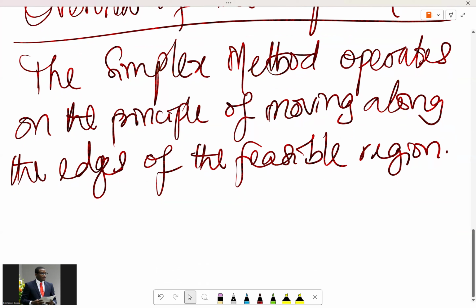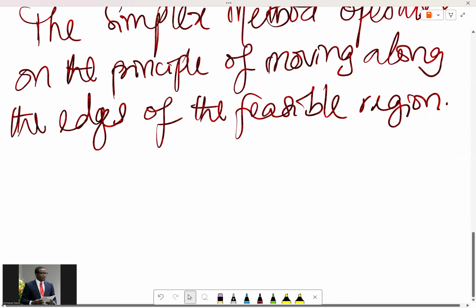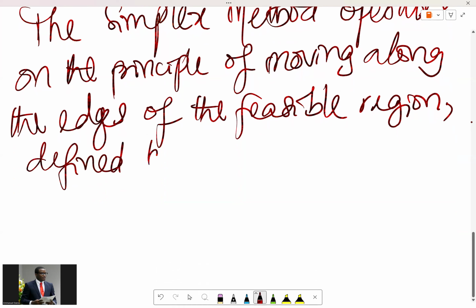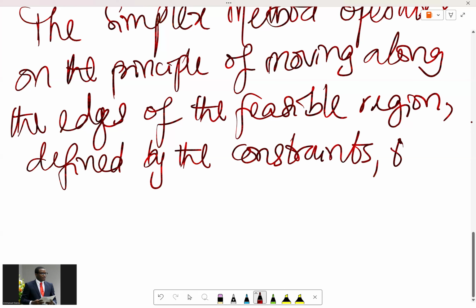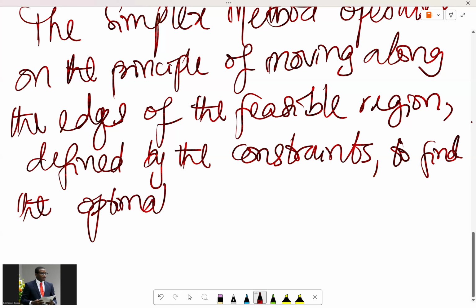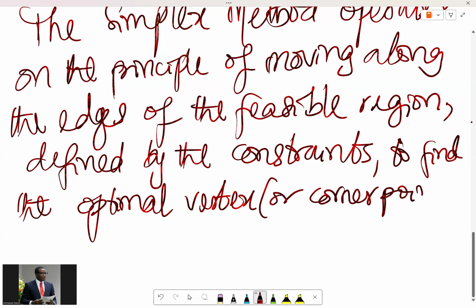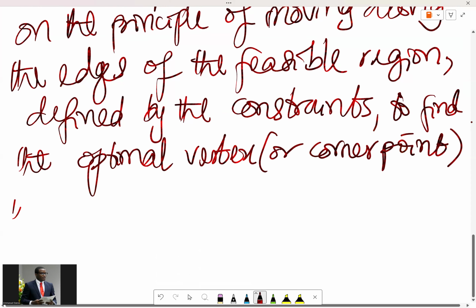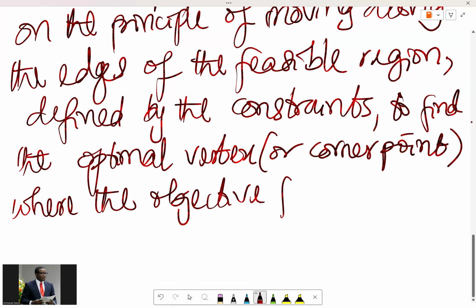The simplex method operates on about the same principle, moving along the edges of the feasible region defined by the constraints to find the optimal vertex, or corner point, where the objective function achieves its best value.